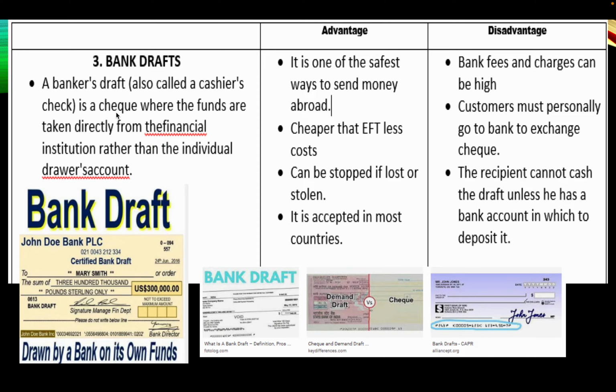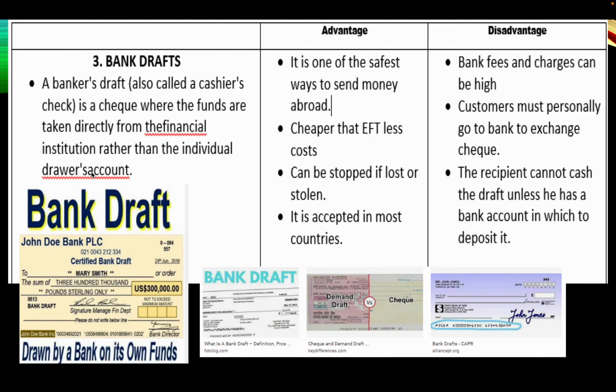It is a check where the funds are taken directly from the financial institution. Whatever name it is called, it is called a cashier's check, whereby the funds are taken directly from the financial institution rather than from the individual drawer's account.